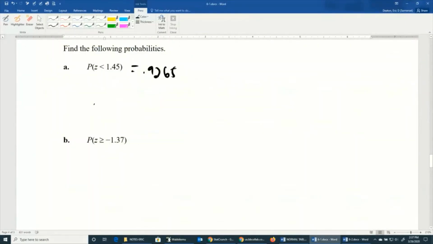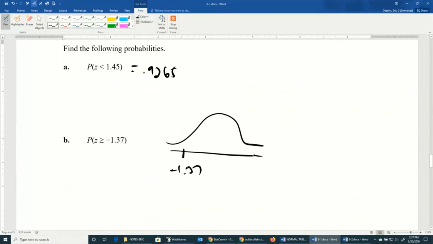Greater than negative 1.37. I'm going to draw a picture. A lot of times with the pictures, especially the greater than, it makes life a little bit easier to understand. Negative 1.37 is way over here. Greater than is to the right.